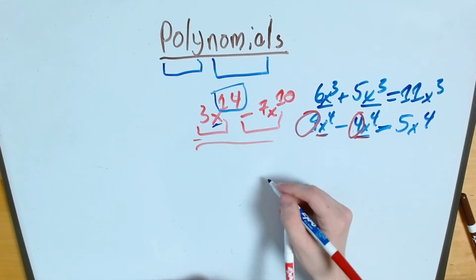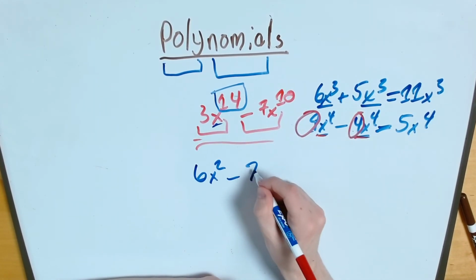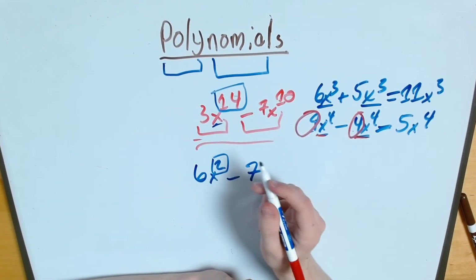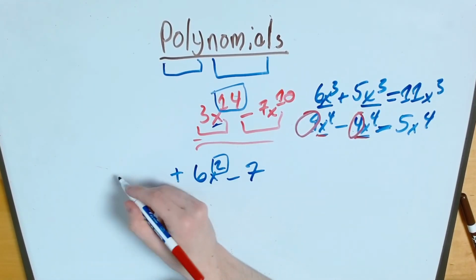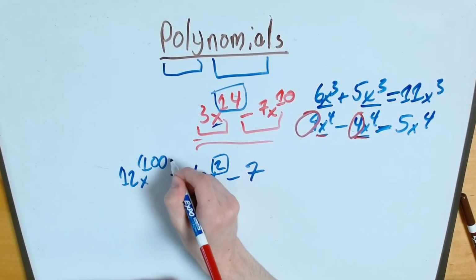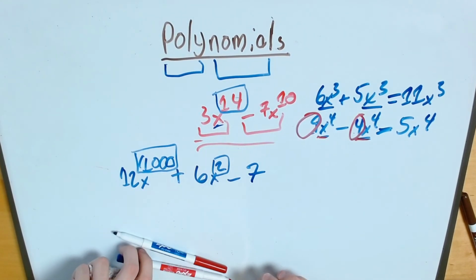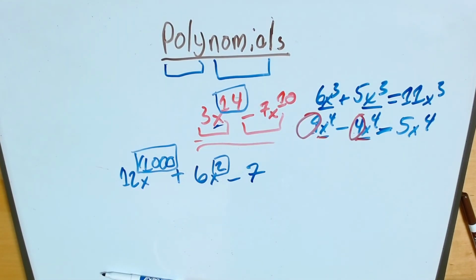If we had something like 6x squared minus 7, we'd have a degree of 2. But if we had added on to it 12x to the 1,000, then we'd have a degree of 1,000. And all of these are very, very important to a variety of mathematical things you can do with polynomials, which we'll explore later.